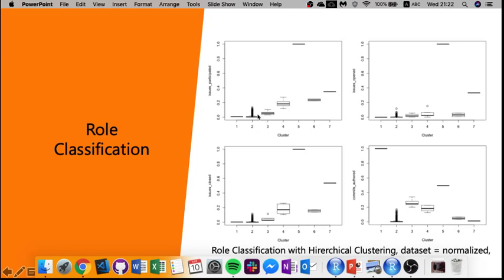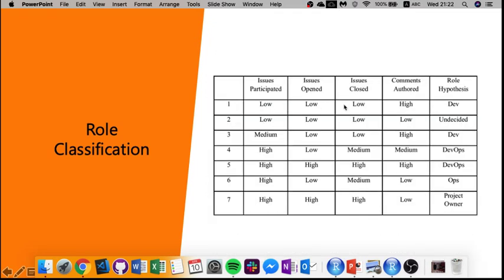You can see the data points included in every cluster, and here is a table that says that the first cluster has low, low, low, high, so it's probably a developer.